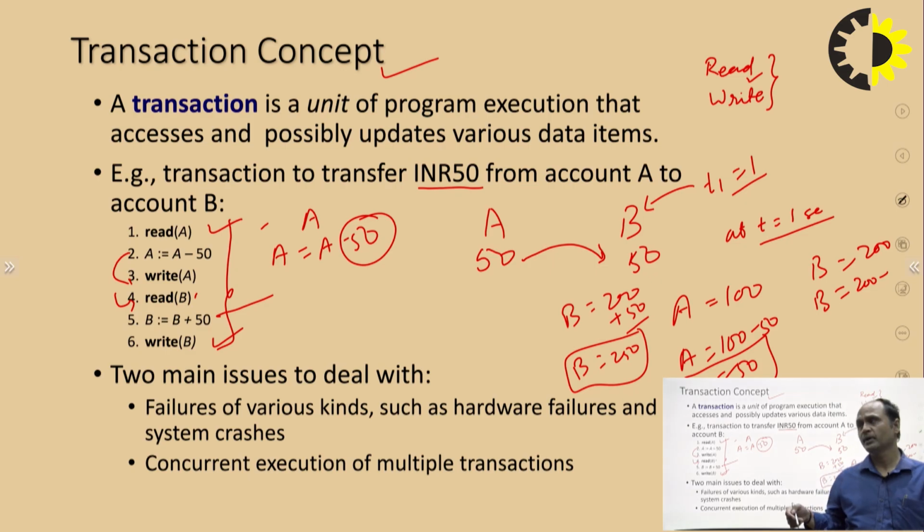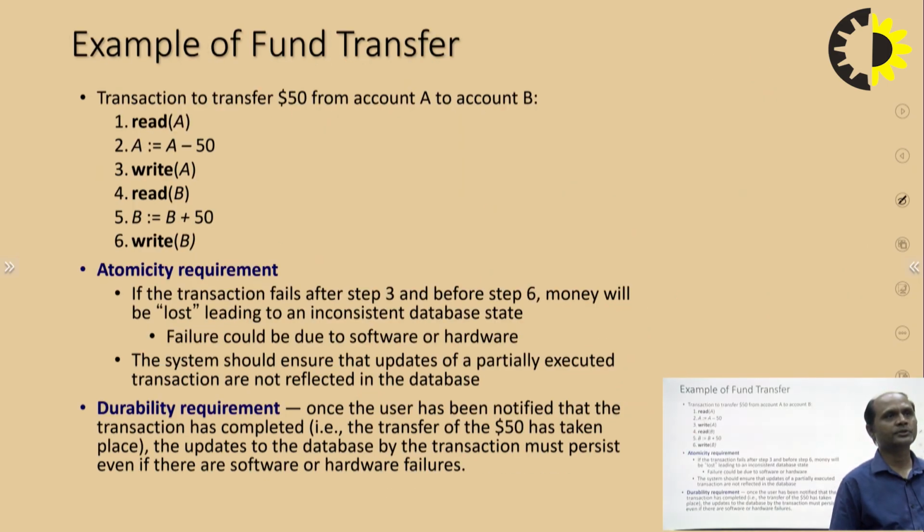These are the two main issues dealing with transactions: failures of various kinds, such as hardware failures and system crashes, and multiple concurrent transactions. This is the fund transfer example of a transaction, transferring from A to B.